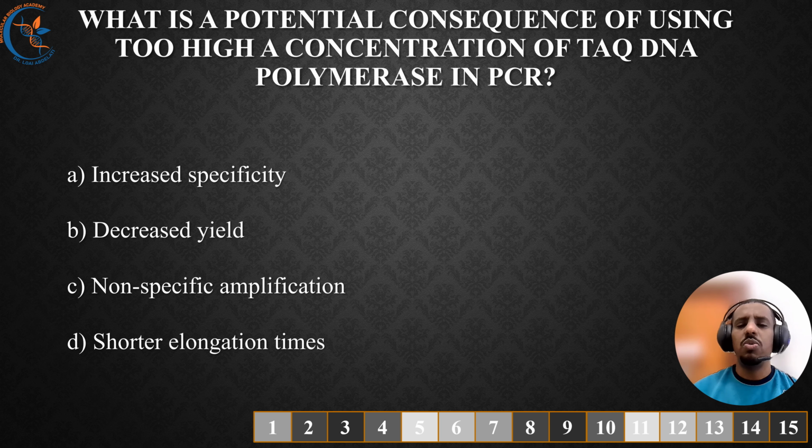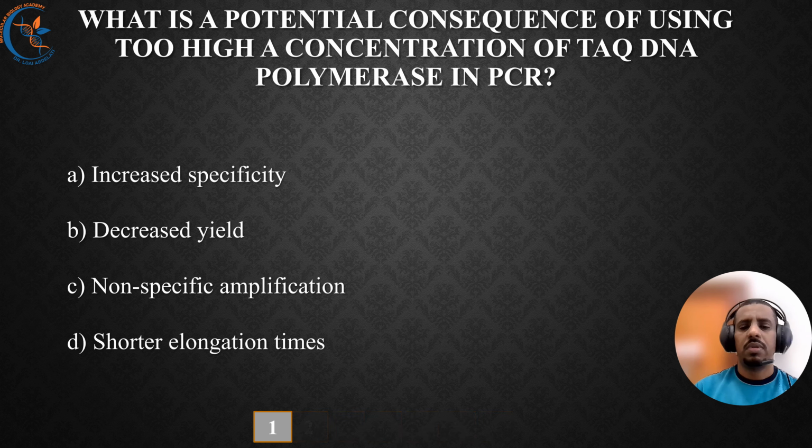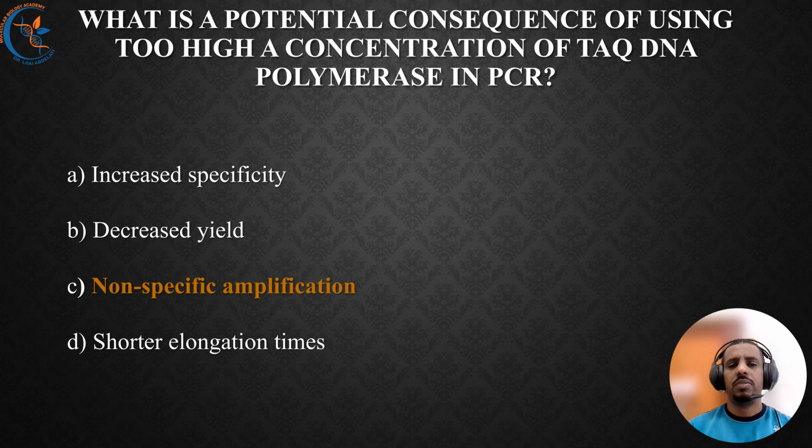What is the potential consequence of using too high concentration of Taq DNA polymerase in PCR? All right, the correct answer is non-specific amplification. Actually, using a high concentration of Taq DNA polymerase can lead to non-specific amplification by increasing the likelihood of the enzyme binding to and extending non-target sequences. All right, let's move on.